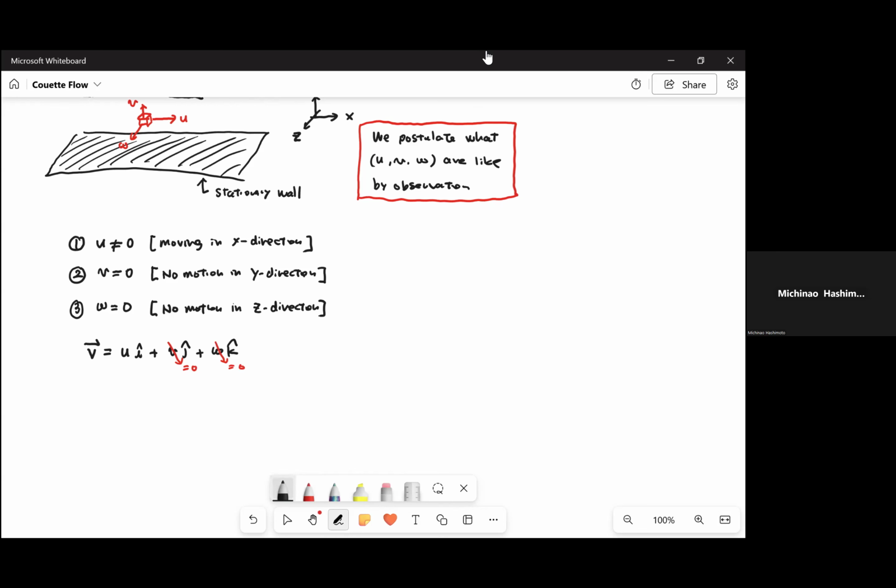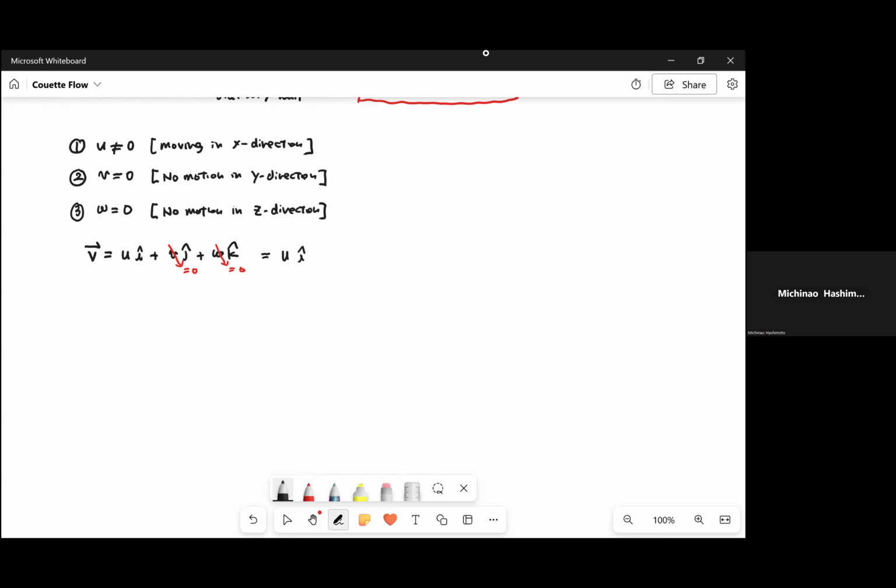So the velocity has been a lot more simplified. This is going to be u times i. In general, let's take one step ahead. Now we said the velocity only has a u component, the x component.